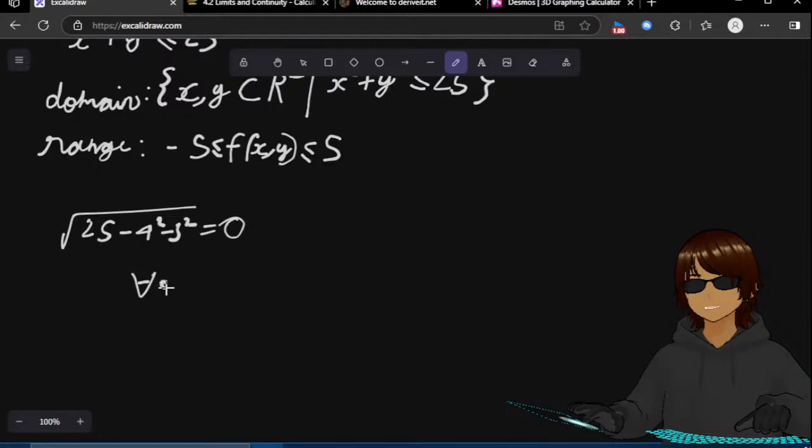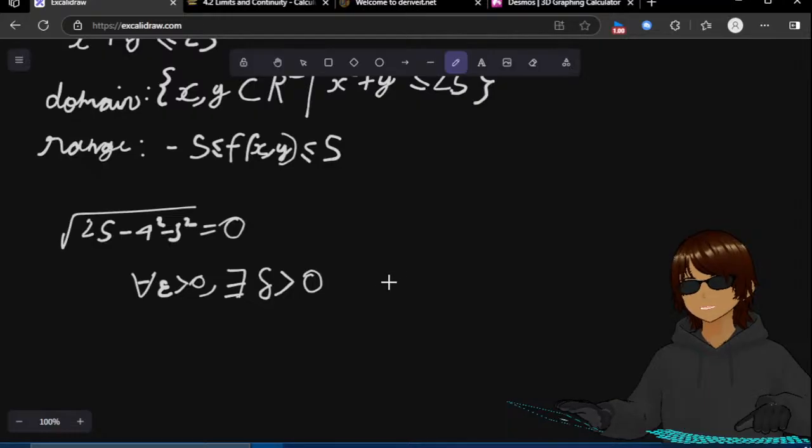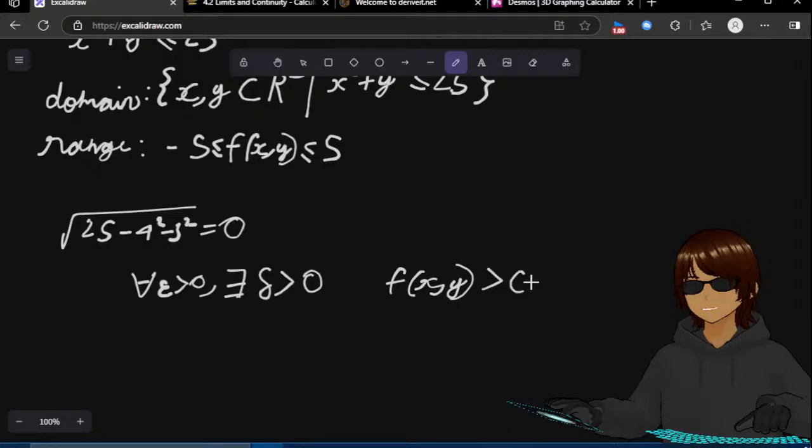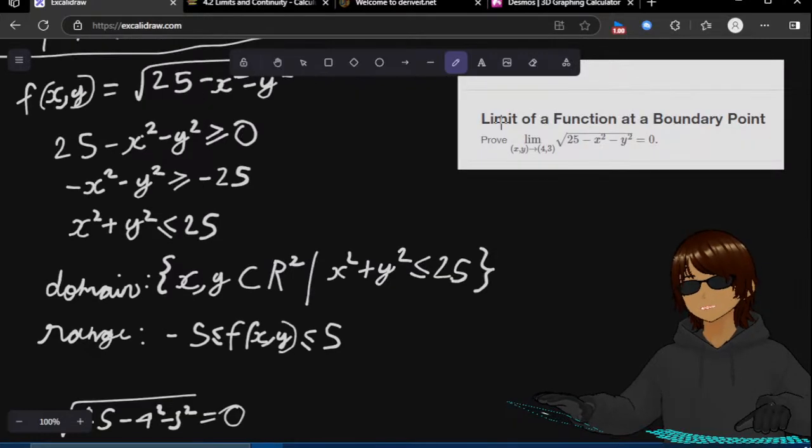For all sigma, there exists a delta such that L is 0, right? Such that f of x, y is more than 0. So the limit approaches 0.